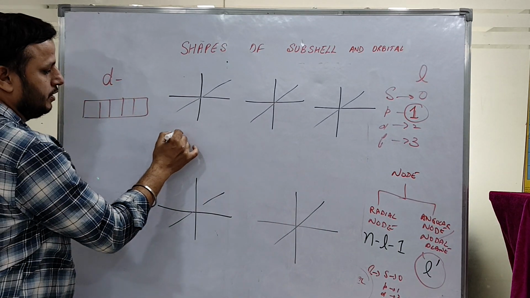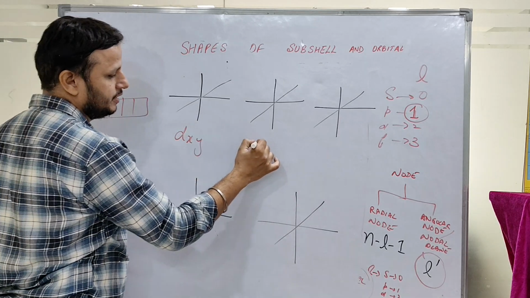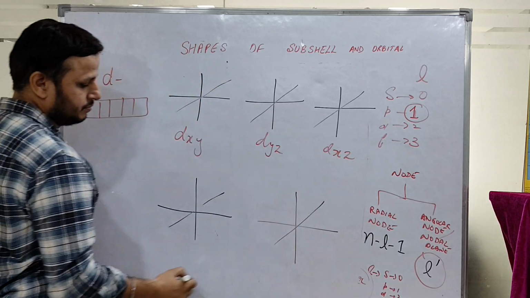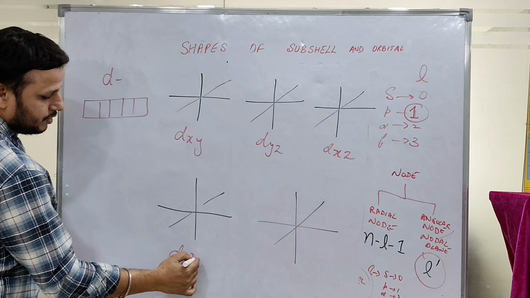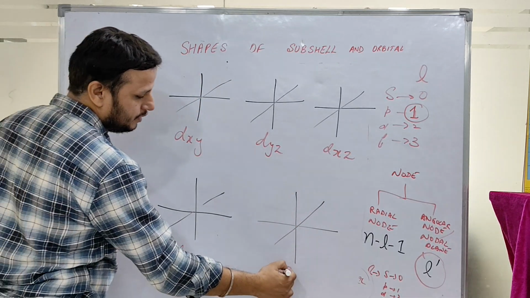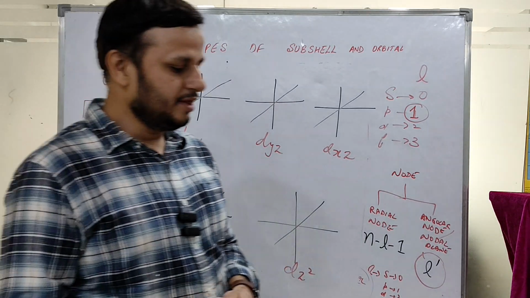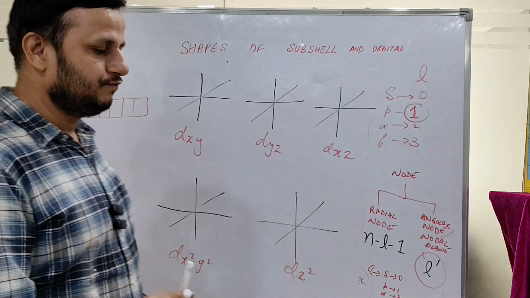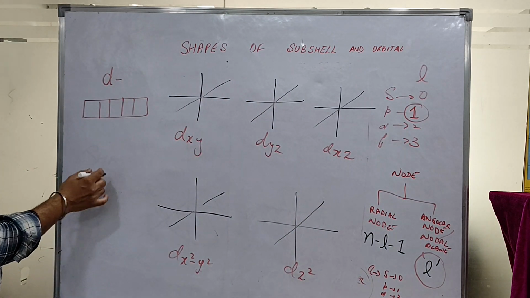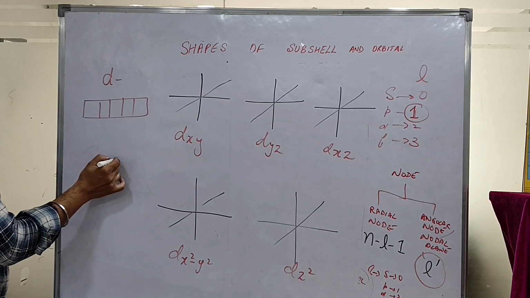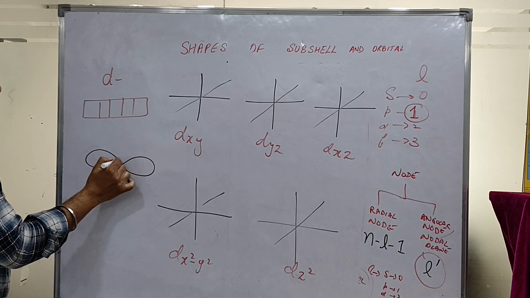The 5 d orbitals are named dxy, dyz, dxz, dx square y square and dz square. So dxy: the shape of a d orbital is a double dumbbell.